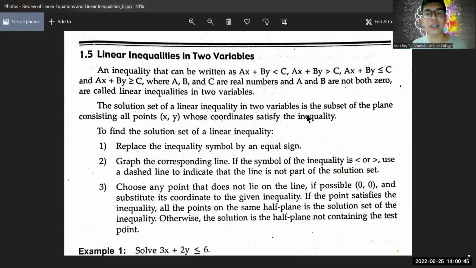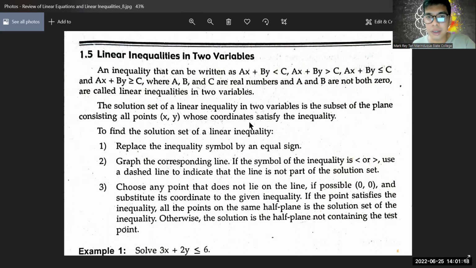Okay, let me read the context here. An inequality that can be written as ax plus by is less than c, ax plus by is greater than c, and so on, where a, b, and c are real numbers and a and b are not both 0, are called linear inequalities in two variables.